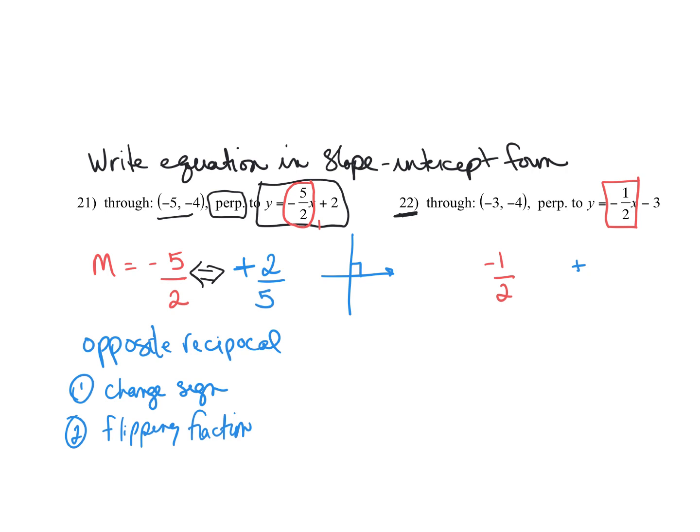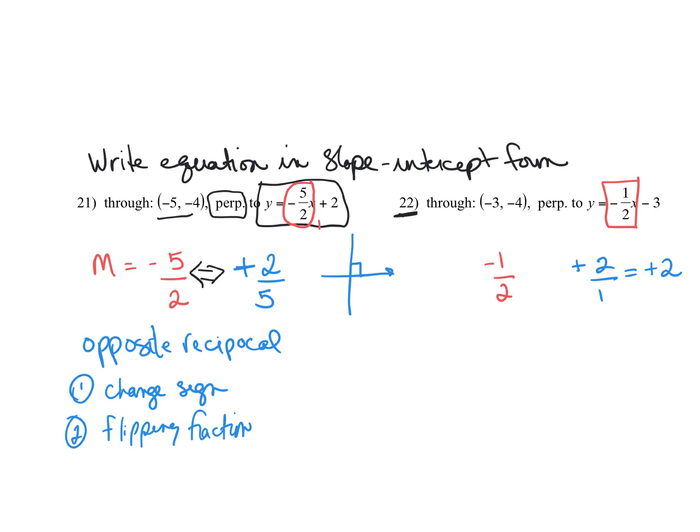And when I take the reciprocal of 1/2, I get 2/1, which is just positive 2. So don't forget, if you're ever given a whole number, you can create a fraction by putting any whole number over 1.